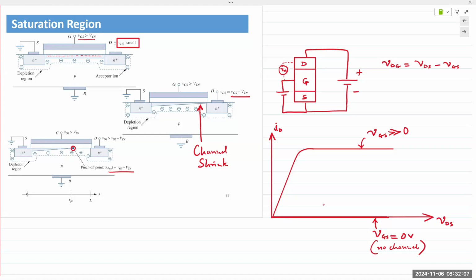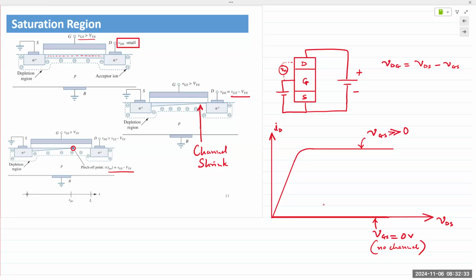Question? Yeah. Why did you have two wells, and do you have just one side that has too many volts? No, so it's the voltage differential between the drain and the gate. So VDG.